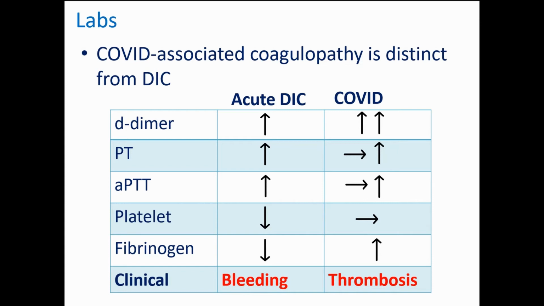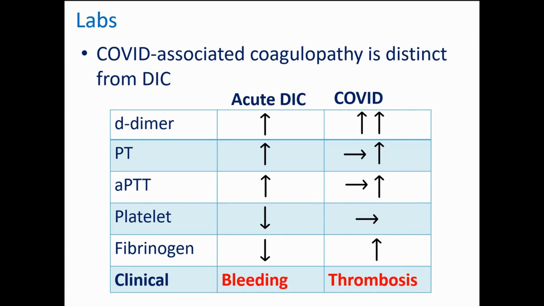And in most DIC patients with respect to COVID, yes, we see a decrease in platelets, but they are not severely decreased. In other words, there's no classical definition of thrombocytopenia. And then you look at the fibrinogen, and this is very important: in acute DIC, it's normal but could most likely be decreased, whereas in COVID we have increased fibrinogen.